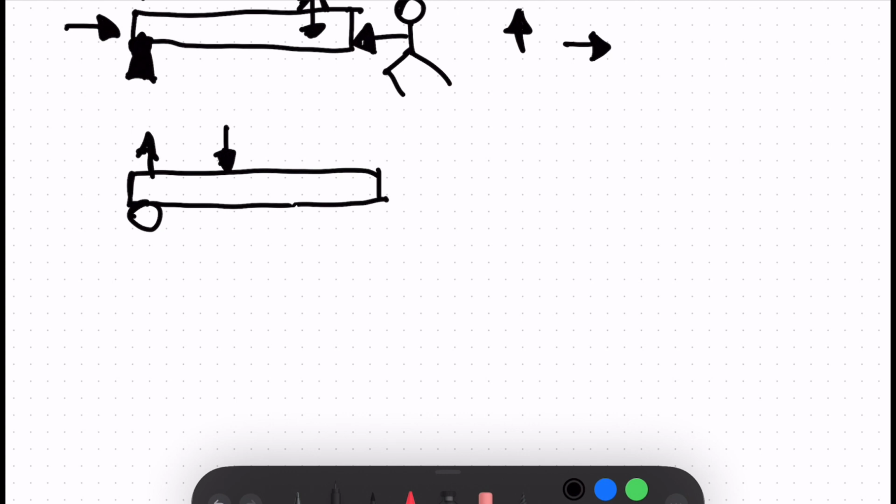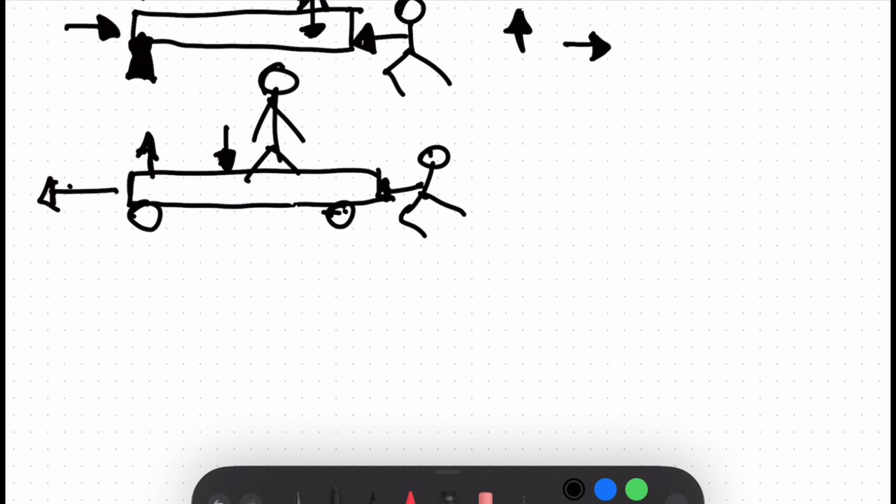Say for example, if we had something like a skateboard, and someone's pushing here, the skateboard is going to move. We have someone riding the skateboard, it's going to roll. It's just going to keep rolling. So it can't have a reaction going in this way. It doesn't carry any reaction, right? So the roller will only have one reaction.